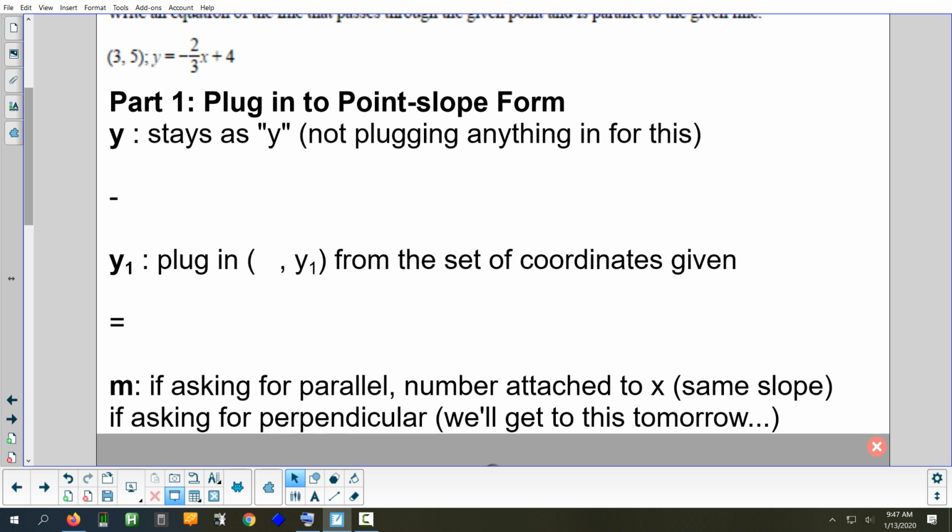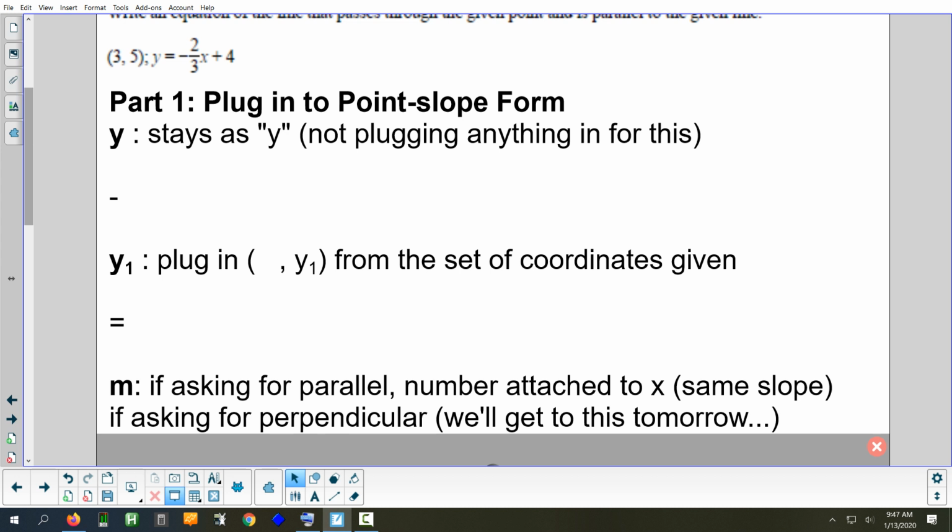I know when we talked a little about perpendicular, we talked about like making it the opposite and flipping it. We'll review that again tomorrow. But for today, if they want something parallel, just look at the number attached to x, and that's the number that you use. So we'll review perpendicular tomorrow.